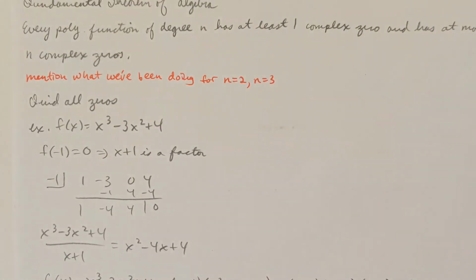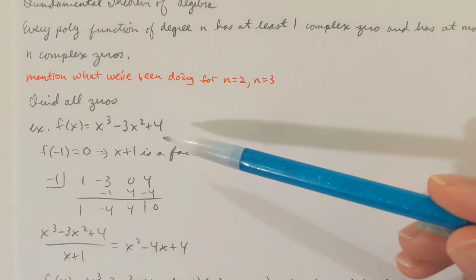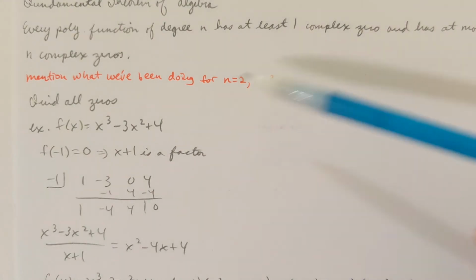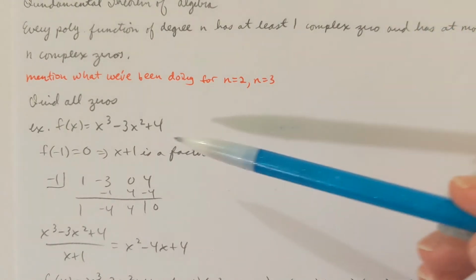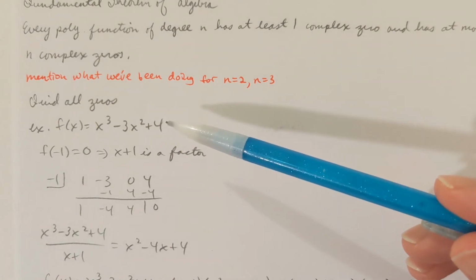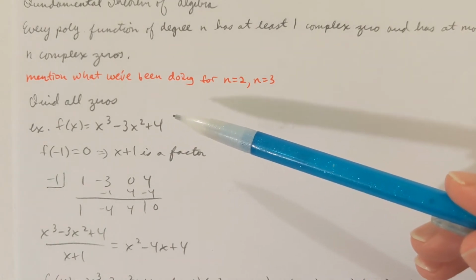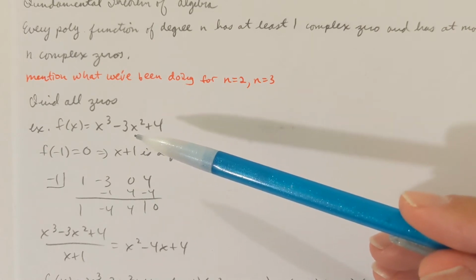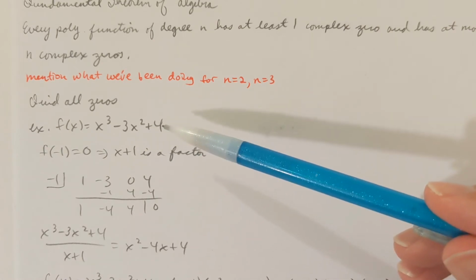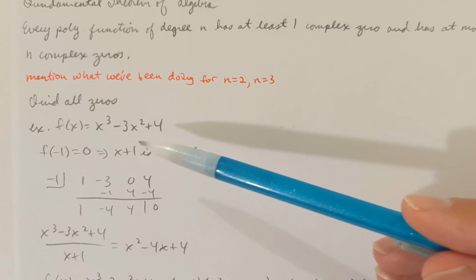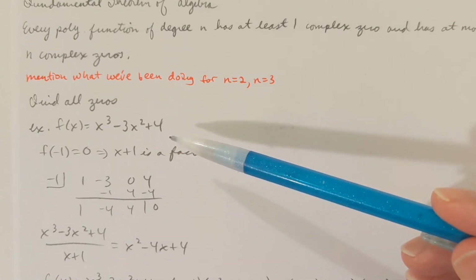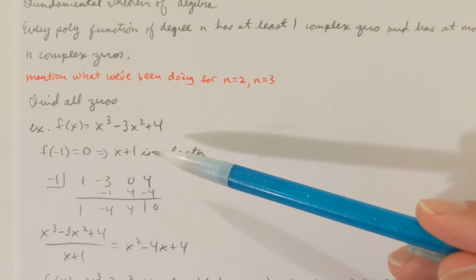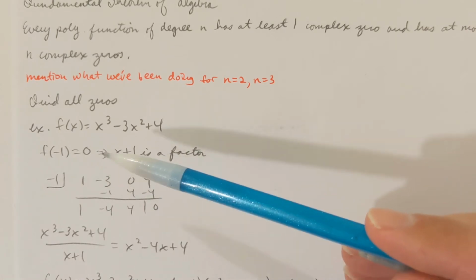Find all the zeros. F of x equals x cubed minus 3x squared plus 4. Okay, well, if I try 0, f of 0 equals 4. 0 is not a 0. F of 1: 1 minus 3 is negative 2, plus 4 is 2. F of 1 equals 2. So f of 1 is not a 0. How about f of negative 1?